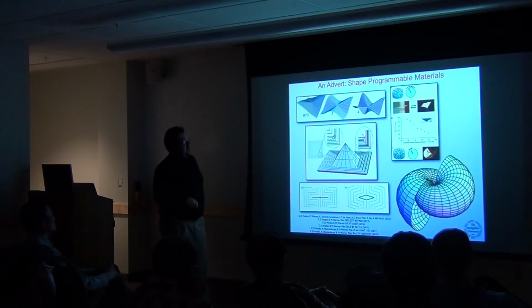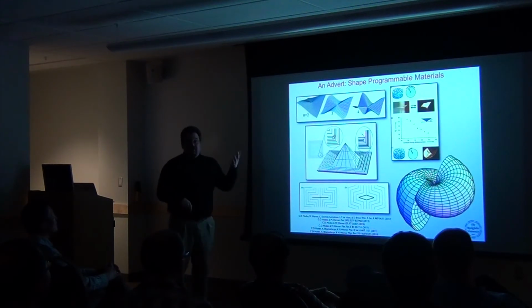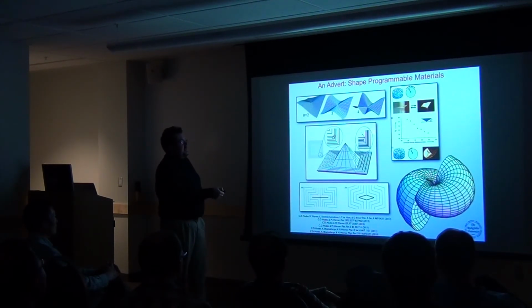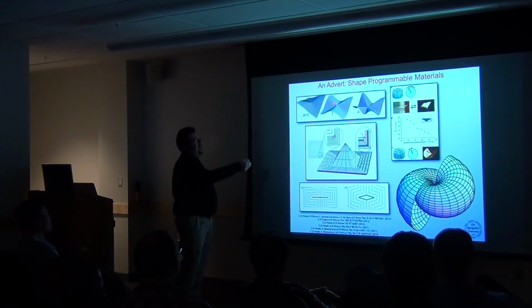And then finally, a quick advert. I've also done a lot of work on shape programmable materials, where you take something called a liquid crystal solid, where you have liquid crystalline order in the material, but it's also a solid because it's a polymer mesh with cross-links. If you're clever about arranging the director field, you can take a flat sheet and get all kinds of interesting crazy shapes: pyramids, cones, anticones, and spirals.